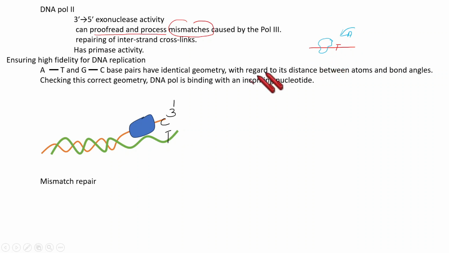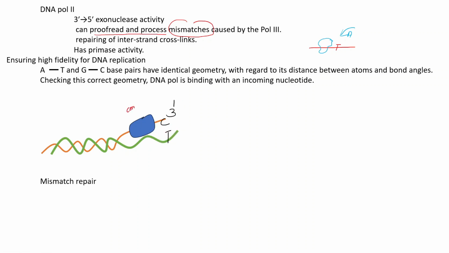Then second, suppose an incorrect base is incorporated into the newly synthesizing DNA strand. What will happen? That incorrect or mismatch incorporation leaves a free 3' single strand end. Free 3' single strand end. And that end gives a conformational change.